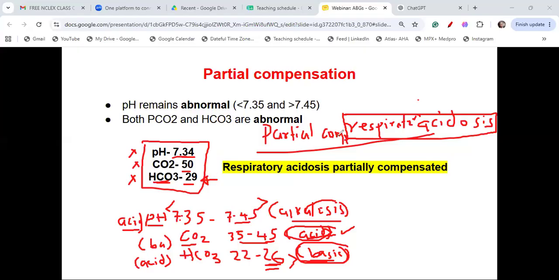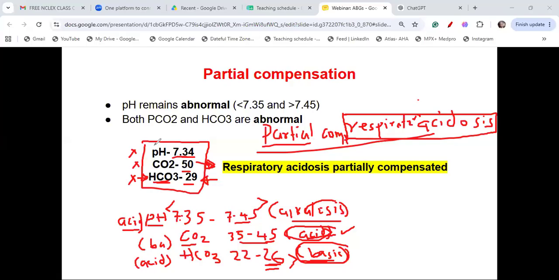Then you talk about partial compensation. So what is happening here? Remember your problem was respiratory, but these bicarbonates are metabolic, that is kidney related, so the kidneys are coming in to help get rid of the excess CO2.